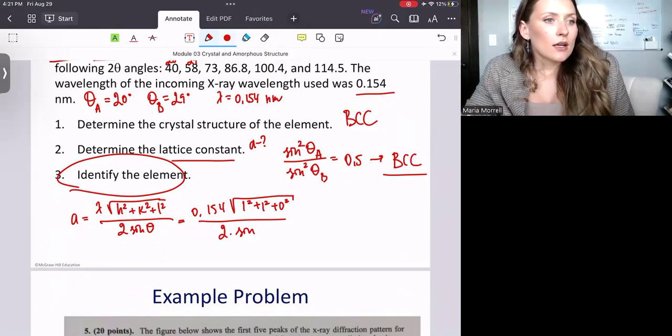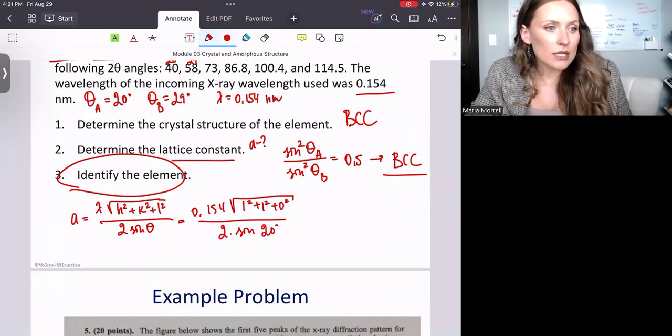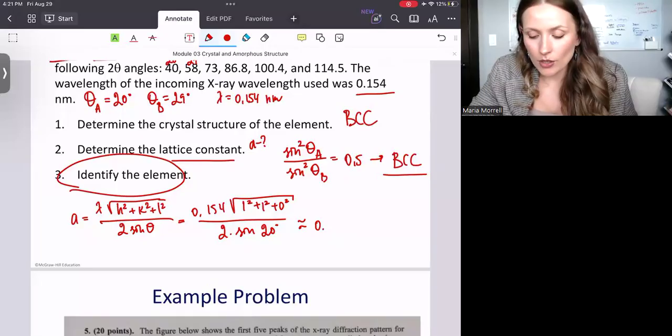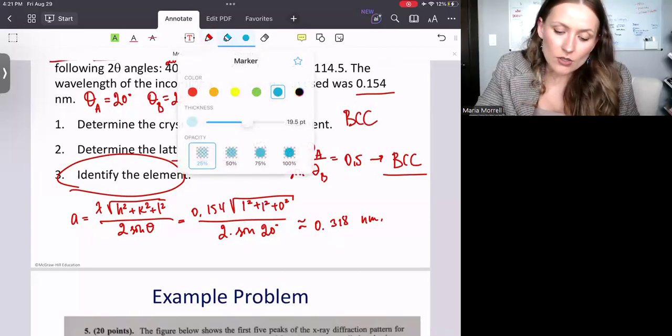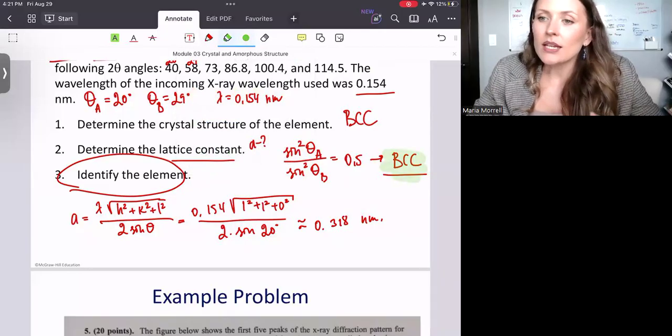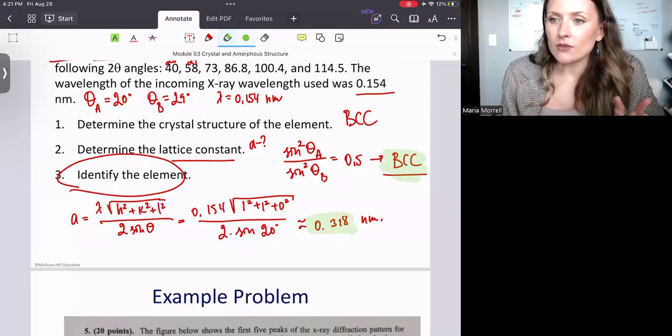Times sine, and I'm using the first angle, 20 degrees. Now, if I plug in the numbers, I believe the answer is going to be roughly 0.318 nanometers. Taking these two into consideration, I'm looking at a material that has a BCC crystal structure, and the A should be roughly 0.318.